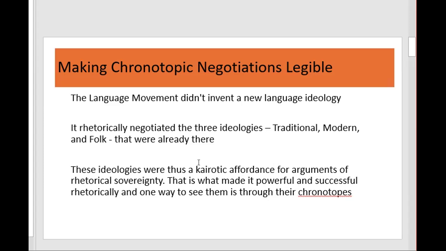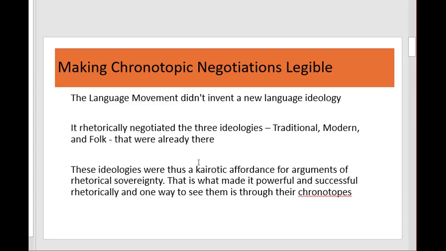And in the process of demanding that thing, they also substantiate themselves and reiterate themselves, not necessarily reify, but add dimensions because of the reiteration process. This is what makes it powerful and successful rhetorically. This is why I'm arguing that the language movement was so effective in that moment of 1948 to 56 to create a people out of what was at that moment not necessarily one.